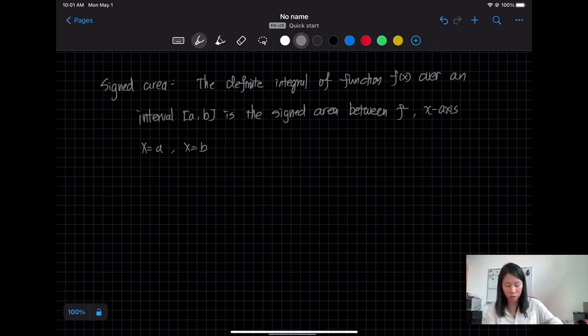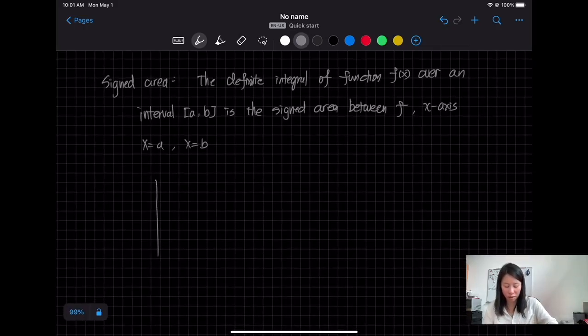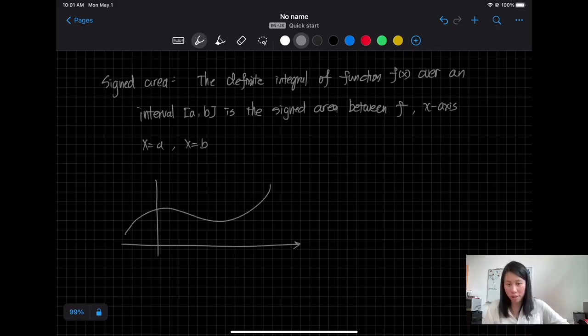Now we have two possibilities. One is the function is always above the x-axis. So your signed area is going to be this region from A to B.